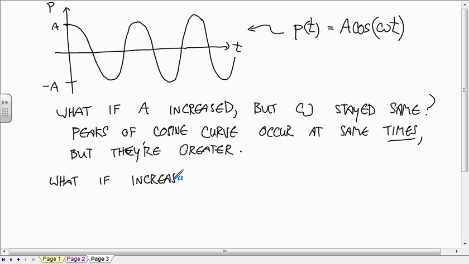What if you increased omega, but the amplitude stayed the same?